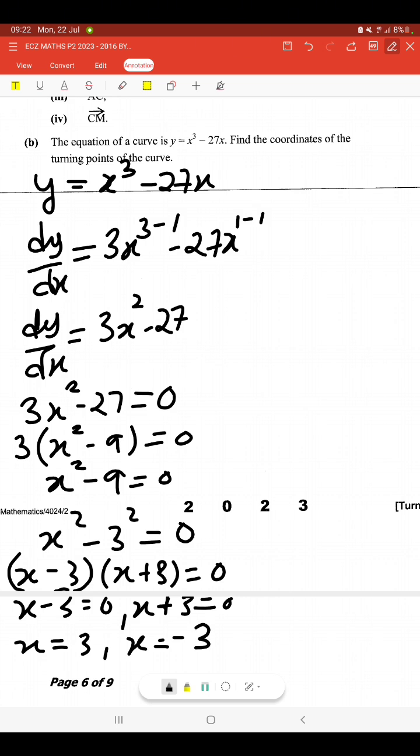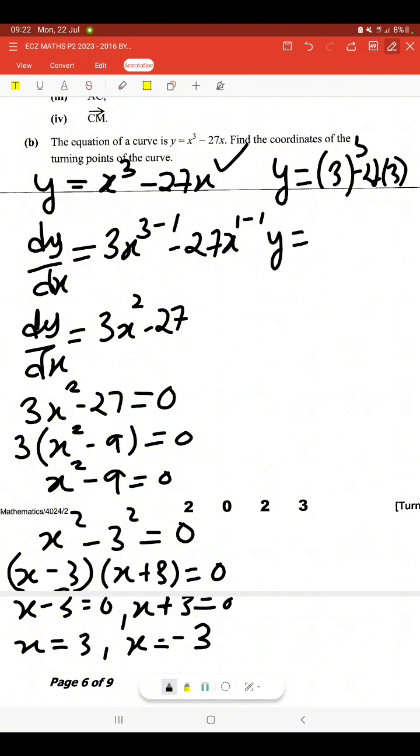So we've got the x values now for the coordinates. To find the y, we should just be able to replace in this equation. So y equals, where there is x, we're going to put a 3, so positive 3 to the power 3 minus 27 multiplied by 3.